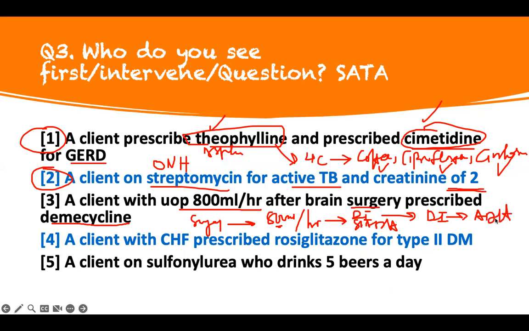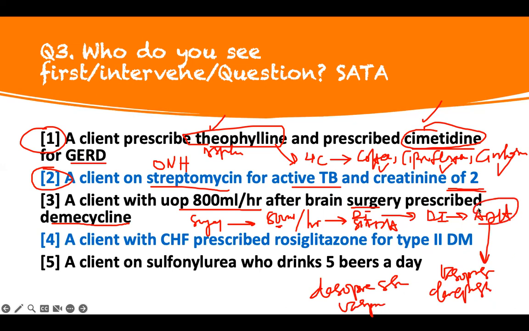What do they need? ADH. Give them their ADH. And how do you give it? You give them vasopressin or desmopressin. This is a form of ADH.